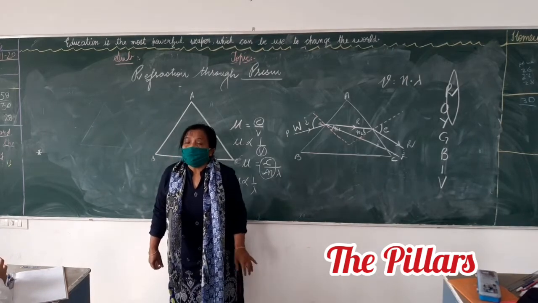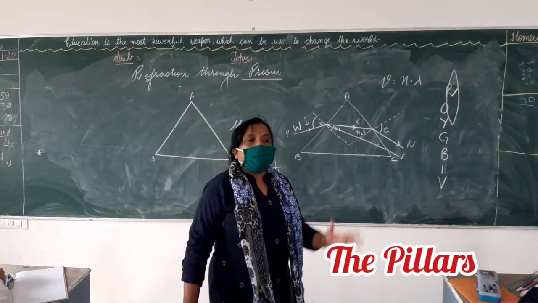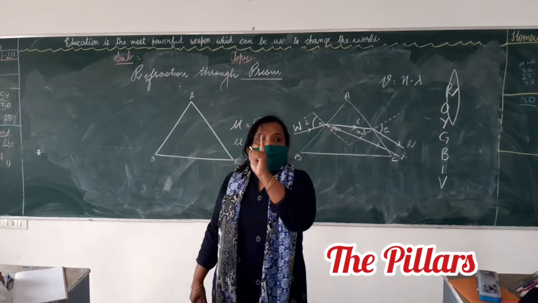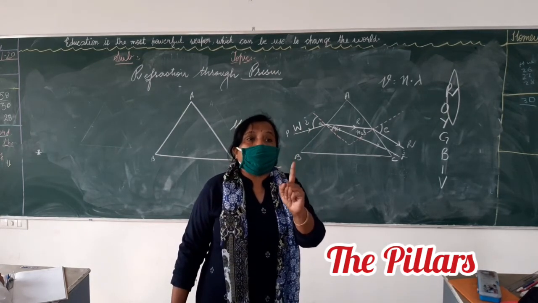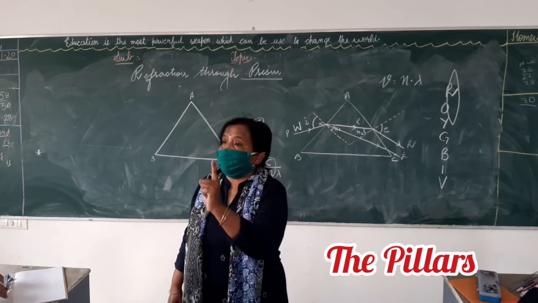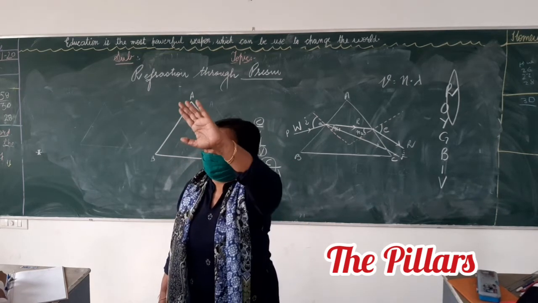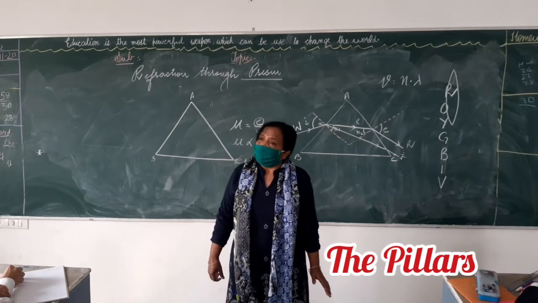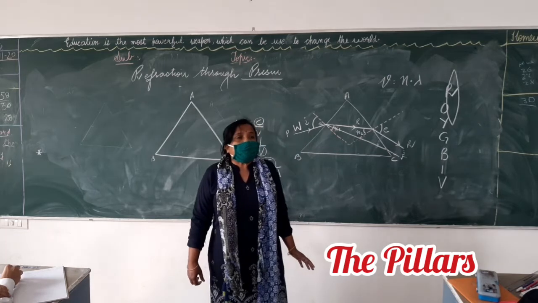Understood? What is dispersion of light? When white light is incident on a prism, it splits into its 7 components. This phenomenon of light is called dispersion of light. What is the reason for dispersion?